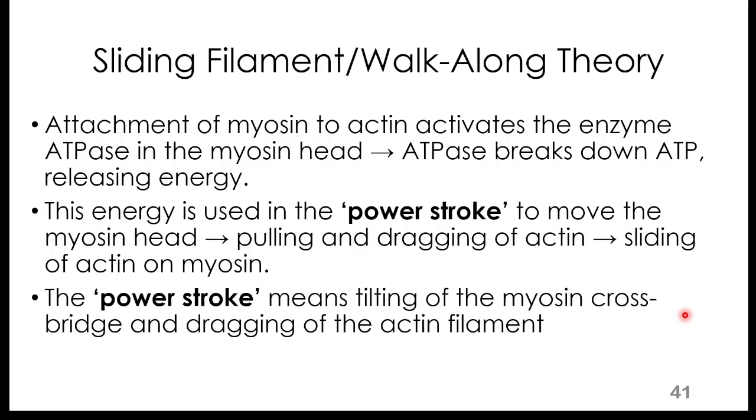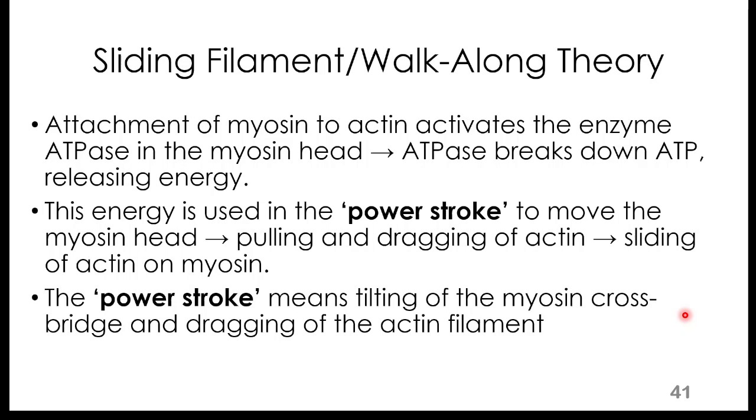All right, so that's the first thing. The first step is that calcium binds to troponin C. Then tropomyosin moves to expose the myosin binding site on actin. Then myosin binds to actin.